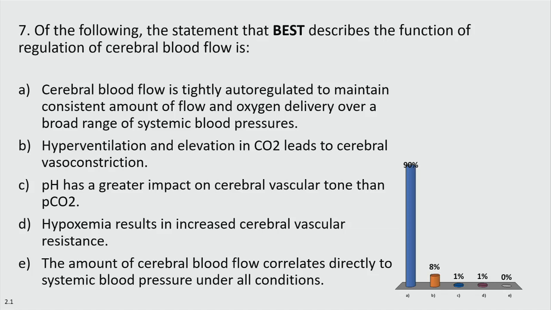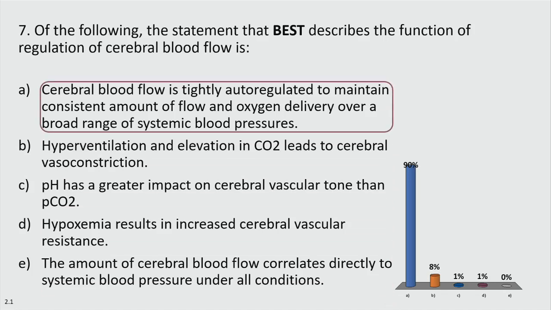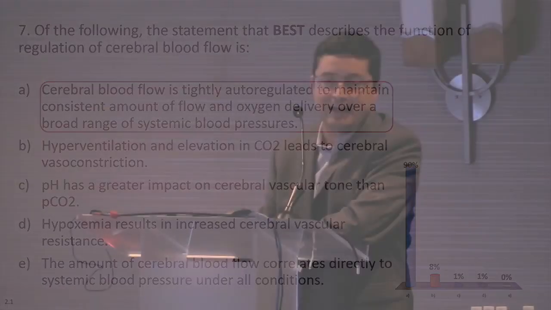Good. So the majority of you, actually a good portion of the audience, thought that the brain has the ability to control how blood flow goes in at a variety of pressures. Only a few vascular beds can do that.